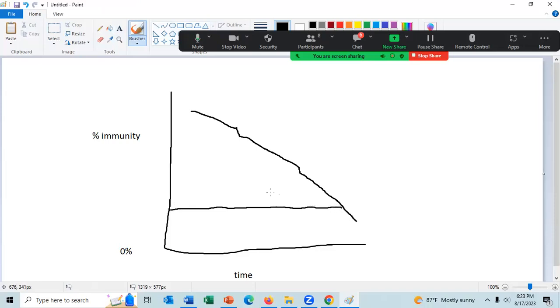With the flu, your immunity drops from very high, if you're a young person, maybe 90%, down to a very low number within 3 years. And so your immunity does drop like this. It doesn't drop from here to there in one setting, or from here to 0 in one setting.